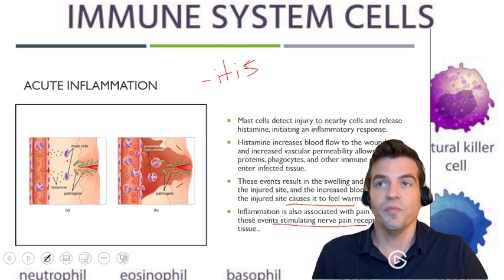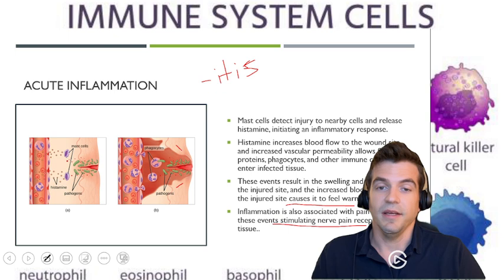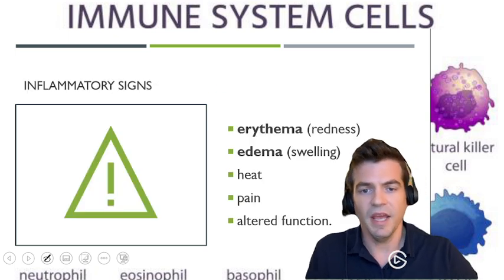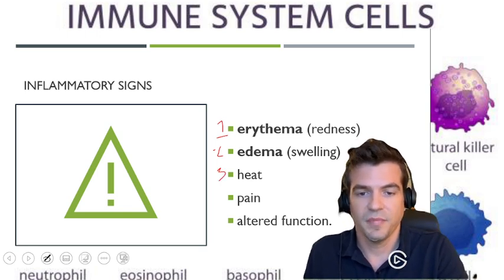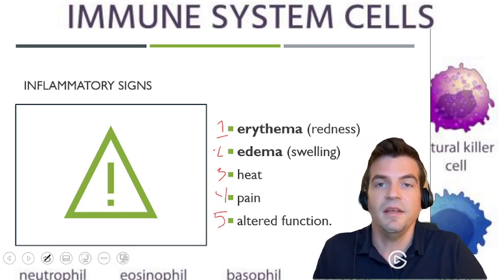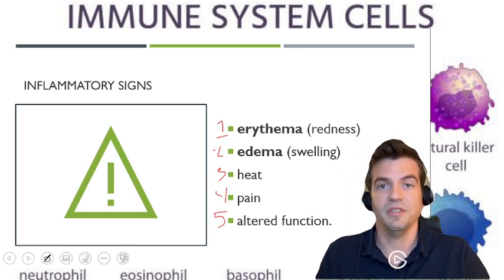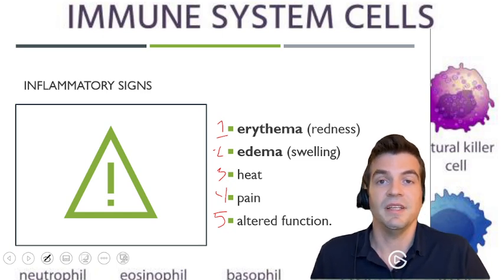And so these create a list of signs that we can categorize, and you can imagine it's a numbered list. Okay, erythema and edema come first, okay, followed by heat, then the pain. The pain comes once we start triggering some of those nerve cells, so it takes sufficient swelling to do so. And then finally, altered function.